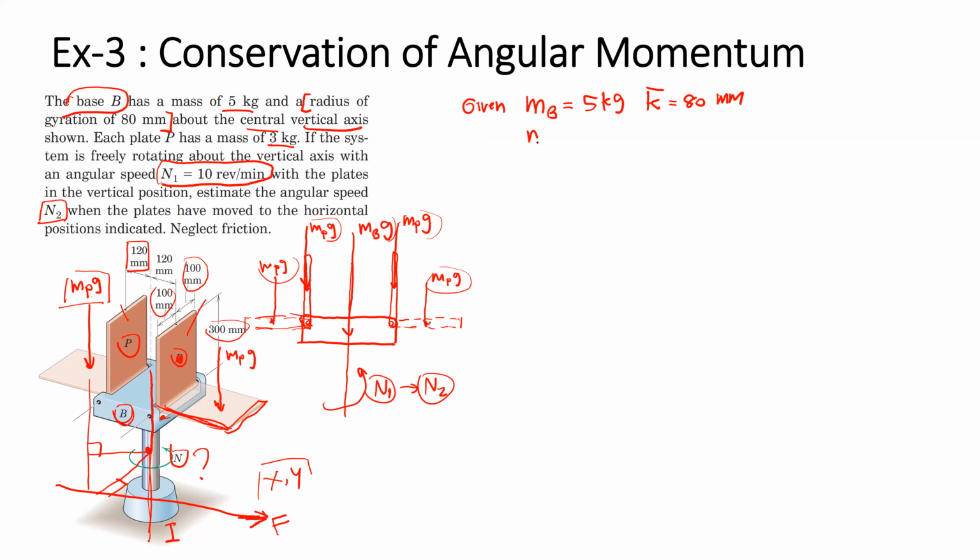The plate P has a mass of 3 kilograms. And N1 is 10 revolutions per minute. What we need to find is N2.